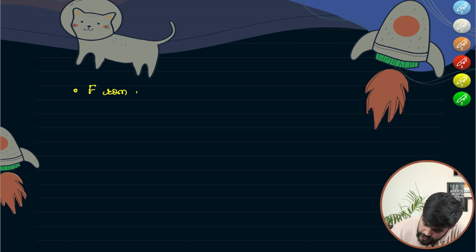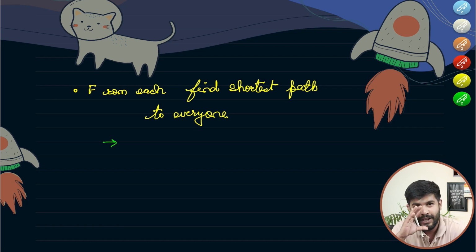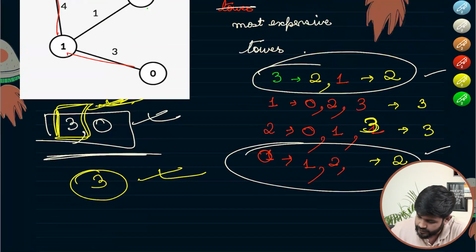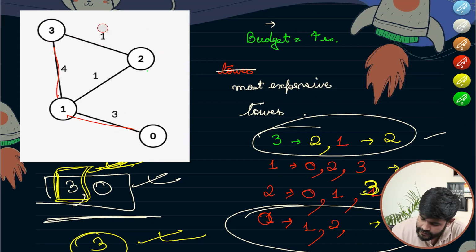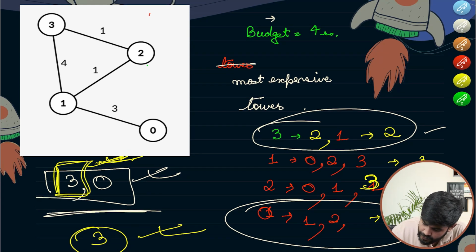From each node, find the shortest path to everyone, and all the other values, like from a particular 3, if I calculate the shortest values to everyone.